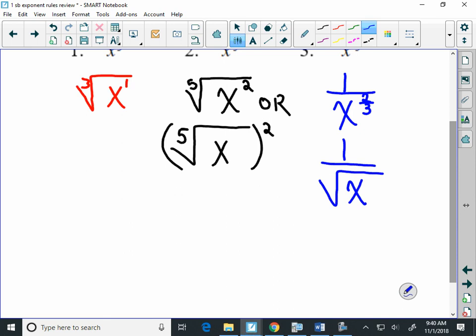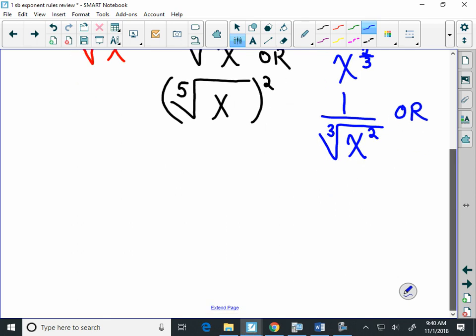It's going to be the value underneath the radical. The denominator of the exponent, the bottom of the exponent, is going to go in the check mark part of the radical. And then once again, we can put our 2 here, or we could write it outside of that. Or it could be this, 1 over the cube root of x, and then squared.